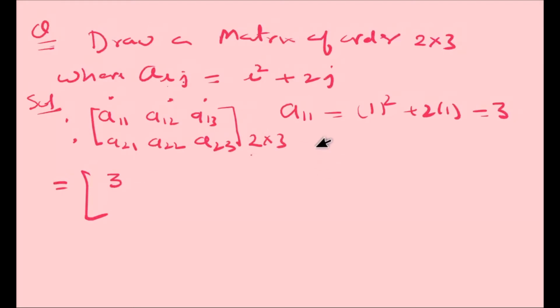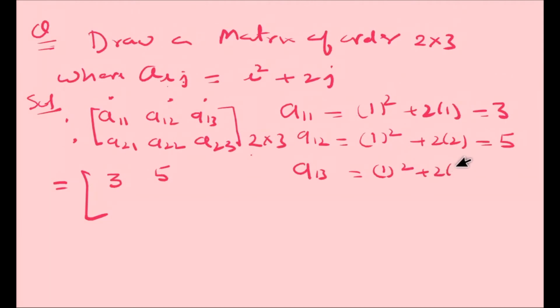Similarly, if you find A12, put here 1 square plus 2 into 2. Solve this, 1 plus 4, 5. So you can put here 5. Now A13, 1 square plus 2 into 3, 1 plus 6, 7. Put here 7. Now A21 equal to 2 square plus 2 into 1 equal to 4 plus 2, 6.